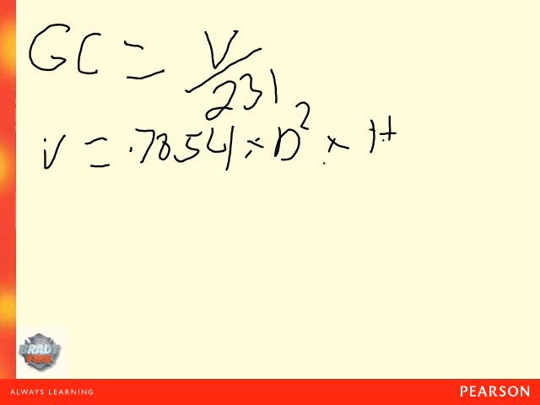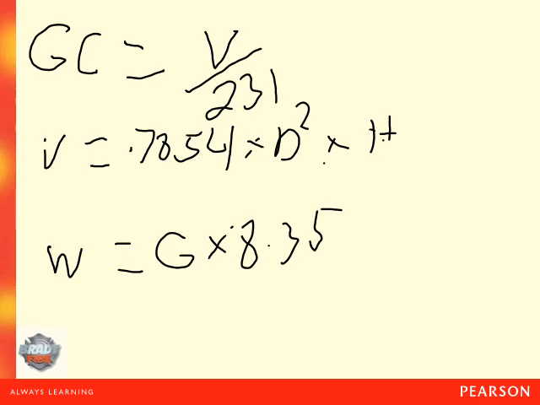And then our weight formula is gallons times the constant of 8.35, which gives us our weight in pounds.